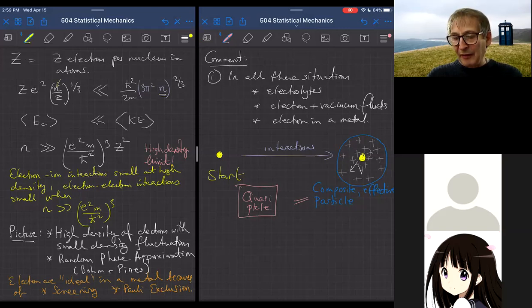Or if you did something like neutron scattering or neutron spin echo or some other scattering, those are probably the wrong scales, but you would be able to observe these correlations between the objects, so they wouldn't be random.